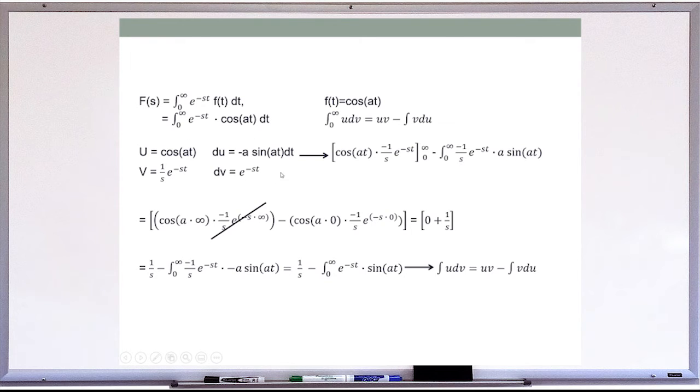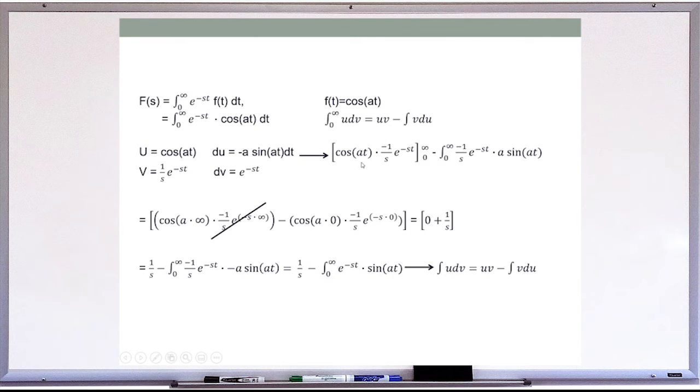Now that we have all the values, we simply plug them into the integration by parts formula. Doing that, we get this new equation. From here, we can simplify the uv part of the integration by parts formula, because it is no longer inside an integral, it is outside the integral.